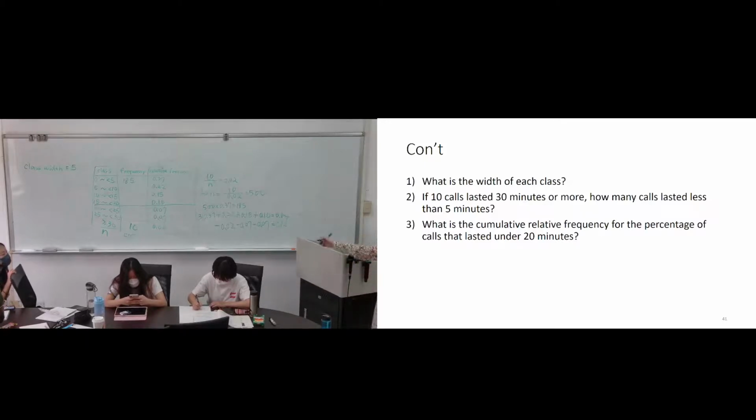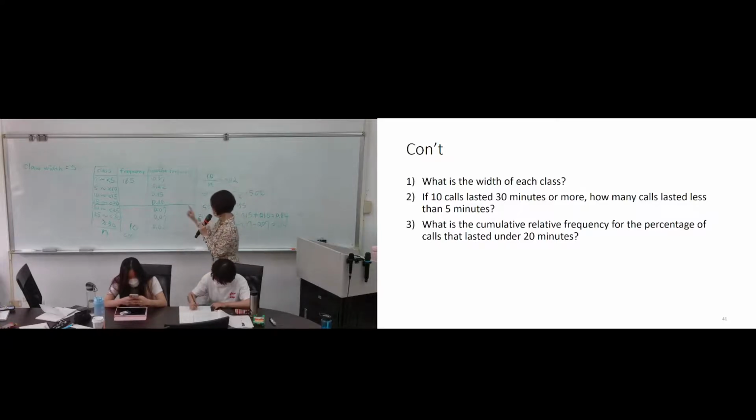The second way is we deduct the relative frequency for the class from 20 minutes to less than 25 minutes, 0.07. That's the class from 25 minutes to less than 30 minutes.